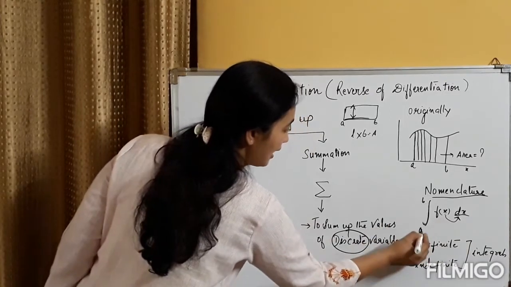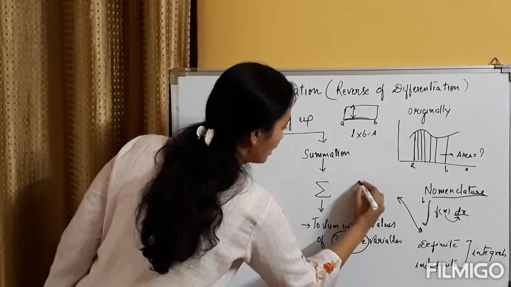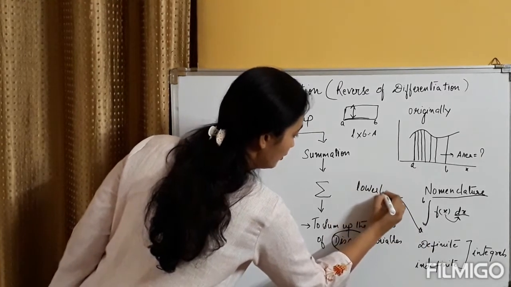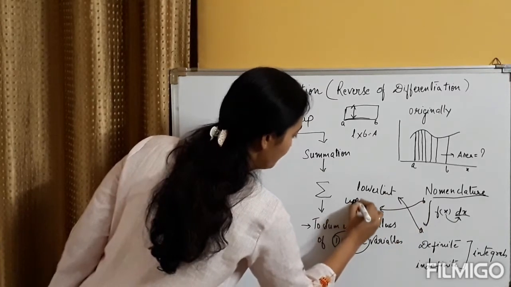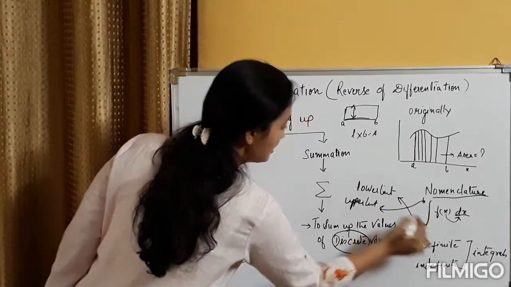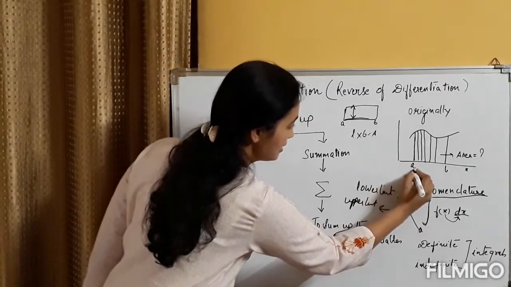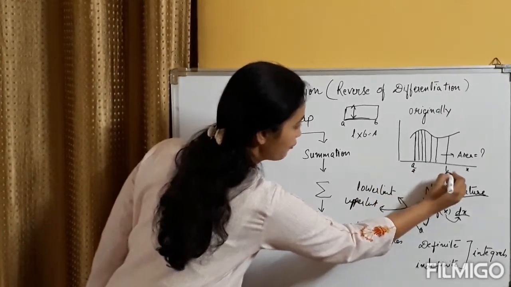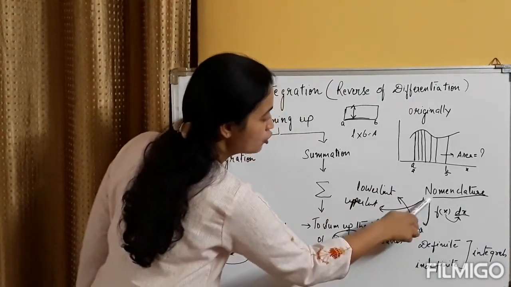These are the limits. A and B are called the limits. A is called the lower limit and B is called the upper limit. It tells you the variation range of x. Suppose here A is 2 and B is 5, then your variation is from 2 to 5.